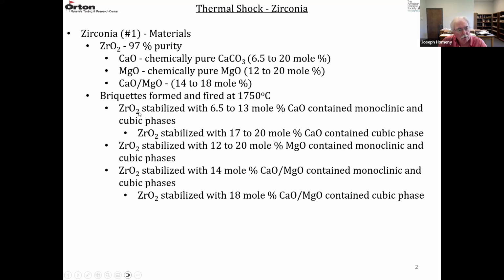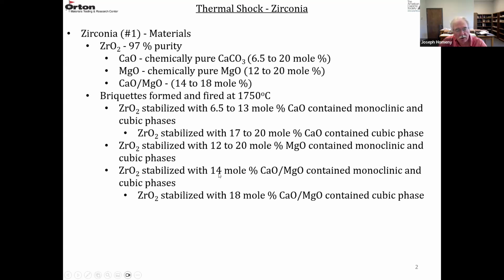So the zirconia stabilized with 6.5 to 13 mol% lime contained both the monoclinic and the cubic phases. And then the zirconia stabilized with the higher lime content, 17 to 20 mol%, was all cubic. The zirconia stabilized with anywhere from 12 to 20 mol% MgO contained both monoclinic and cubic phases.